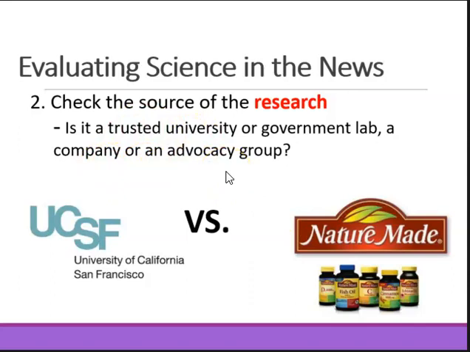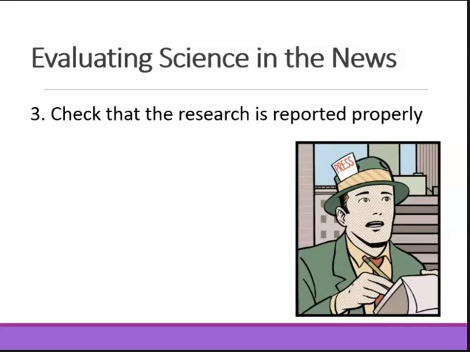I worked in research before, and in research, we have evidence to back our claims, versus a company that sells products that might not have been tested by control. These might not be as reliable. You also want to check that the research is reported properly. Again, we talk about media bias, and you want to stick to just the facts.